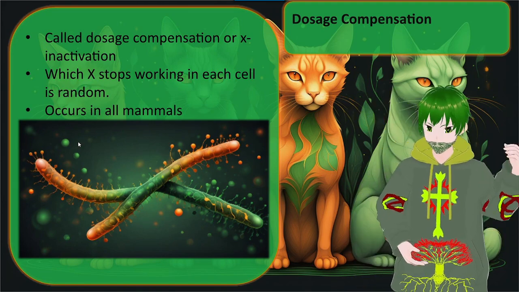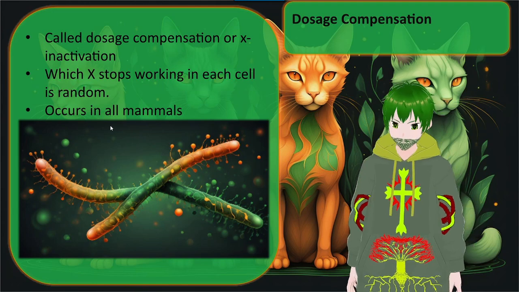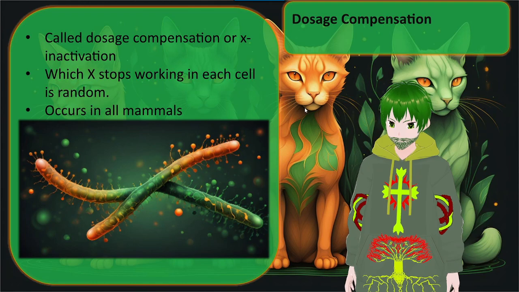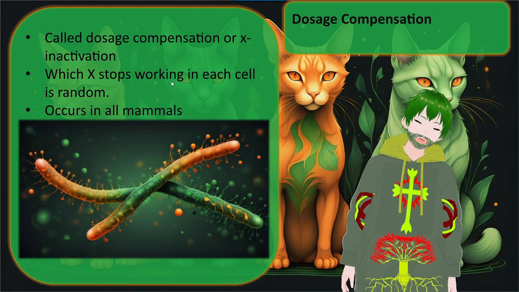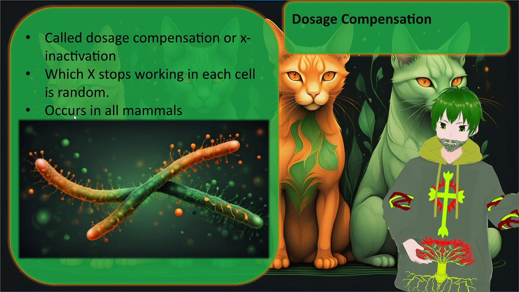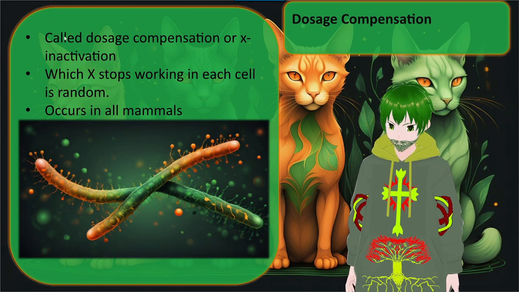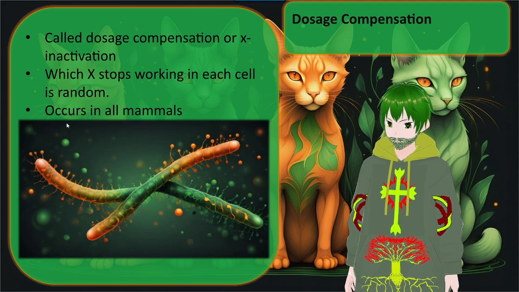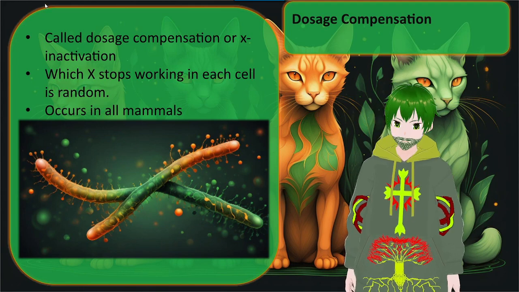So oftentimes, the healthier of the two X chromosomes is the one that's expressed, and the less healthy X chromosome is entirely inactivated. Now, does this always happen? No, there's some disorders in which this doesn't happen, and it results in some developmental issues and oftentimes the need for hormone treatment. But in a healthy individual, this is the way that it works.